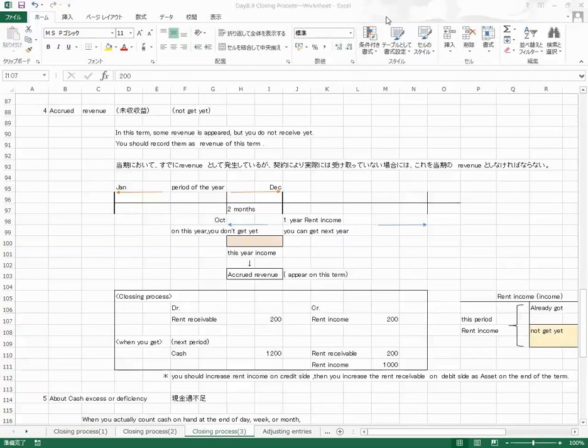So just like the accrued expense, next period when you get cash 1,200, it is rent income 1,000 for this term, and also 200 for the previous term as rent receivable.